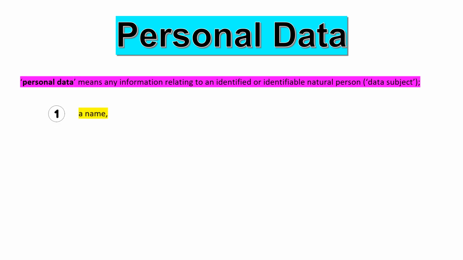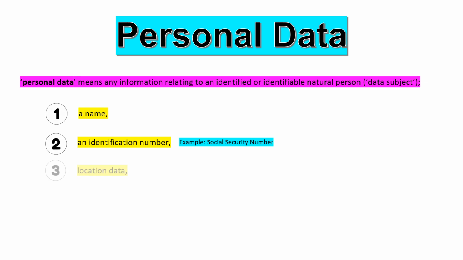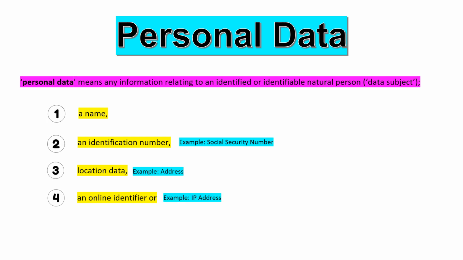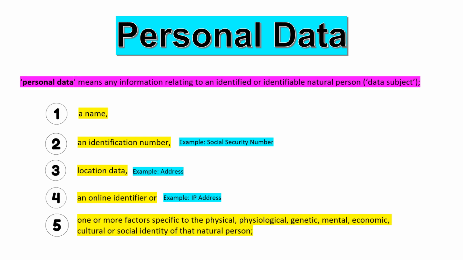Such an identifier includes your name, some particular identification number, for example, the social security number of a data subject, location data through which they can find your address, your online identifier, for example, IP address, MAC address, or one or more factors specific to your physical, physiological, genetic, mental, economic, and other types of identifier.